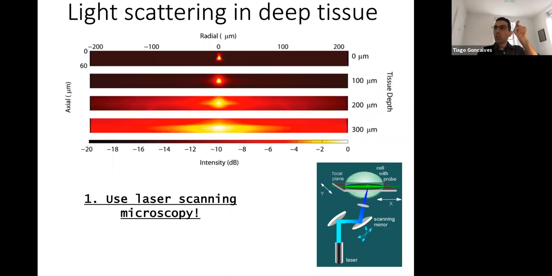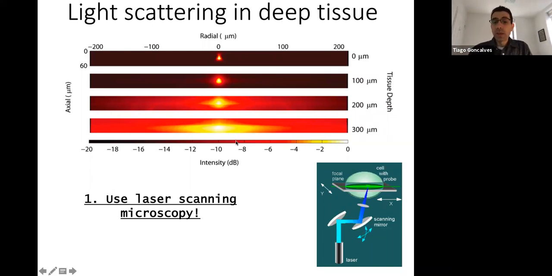You probe individually different points in your sample, and then you collect all the light that comes from there. And the light can come from anywhere, but you know which area you excited. So you no longer use a bitmap. You compose a bitmap individually, and you scan one single point at a time.